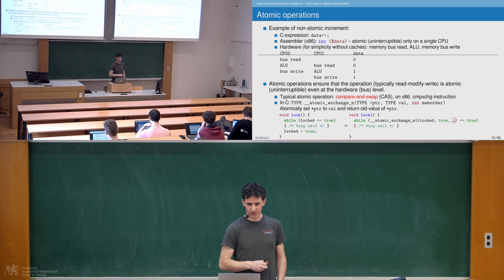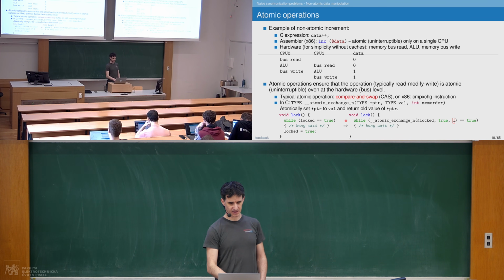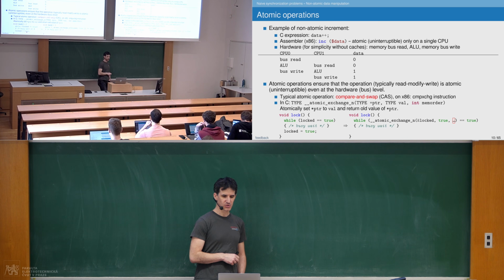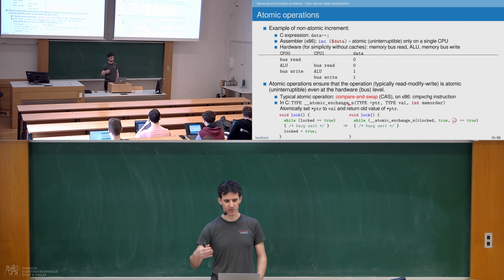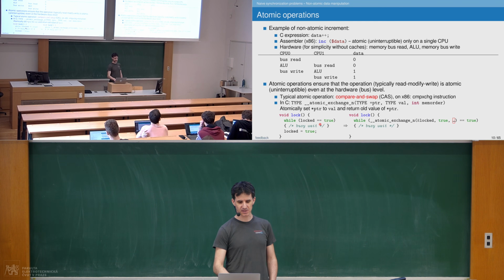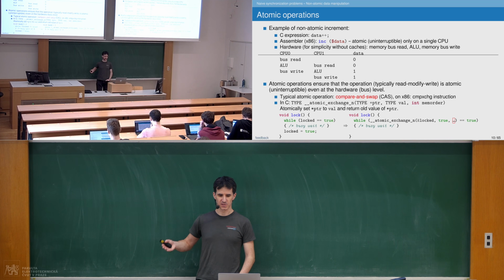So going back to our initial example, I said that this comparison and setting of the value is not atomic. So if we have this atomic exchange function, which the compiler translates to an atomic instruction, we can re-implement this condition and setting of the lock to true in this way, and we get rid of the problems with atomicity.